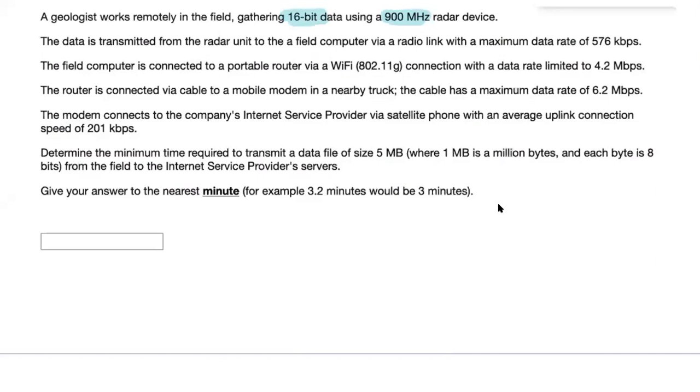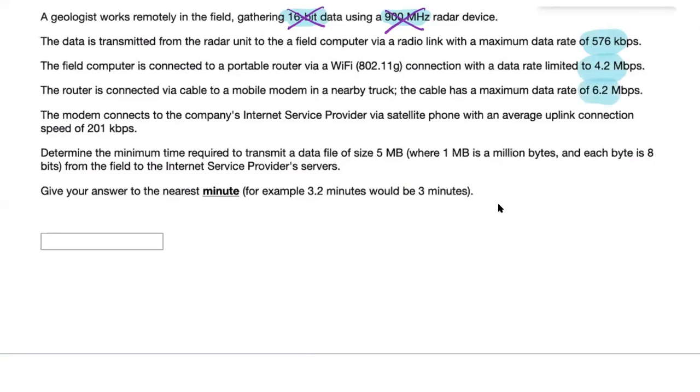So this is unnecessary data. This doesn't really matter. The frequency of the device he or she is using doesn't matter. So let's focus on the actual connection links. We have a radio link, we have a Wi-Fi link, and we have a wired link.